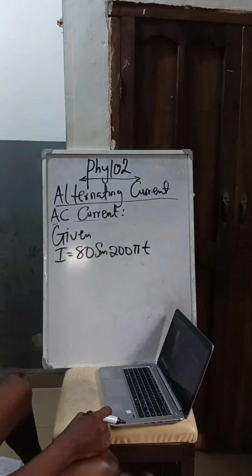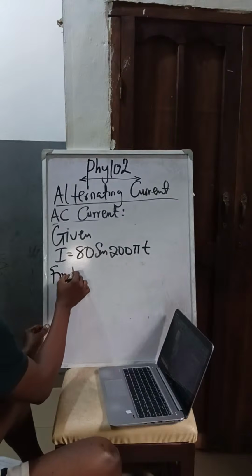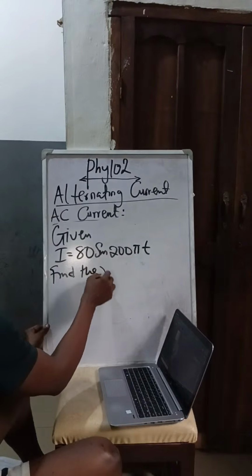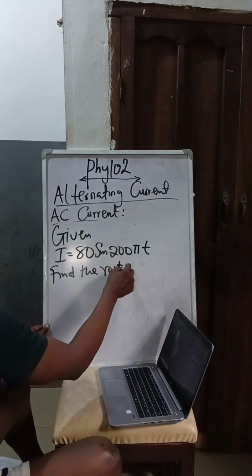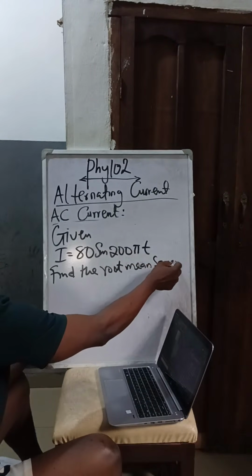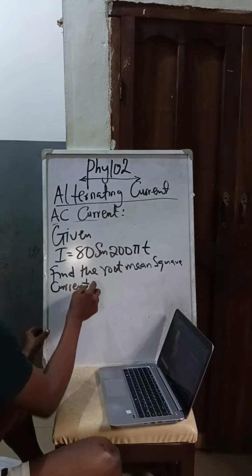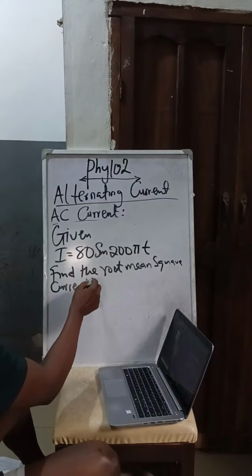Find the root mean square current. Okay, very simple.